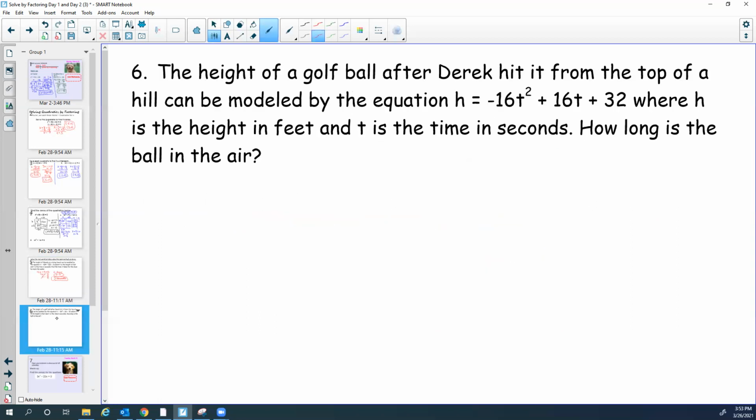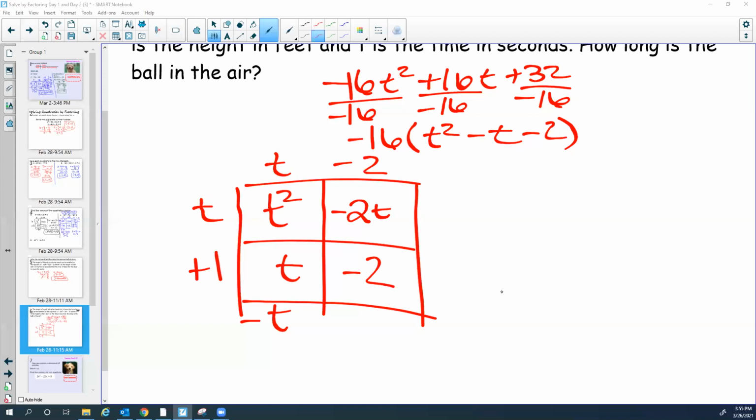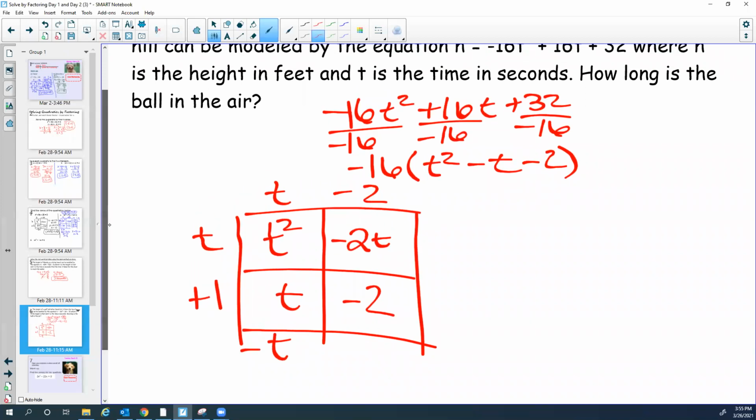All right. Go ahead, pause the video, see if you can figure this one out. All right, so on this one, I noticed there was a GCF at the very beginning, so I went ahead and factored everything by 16.